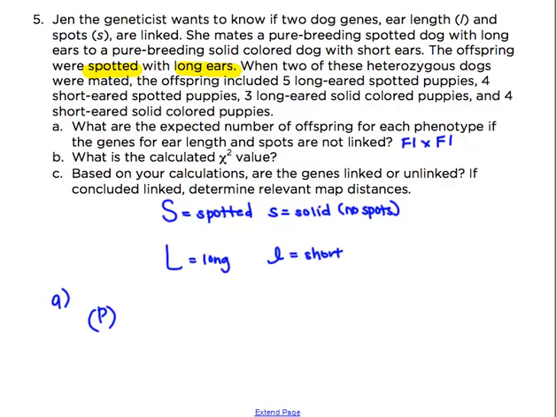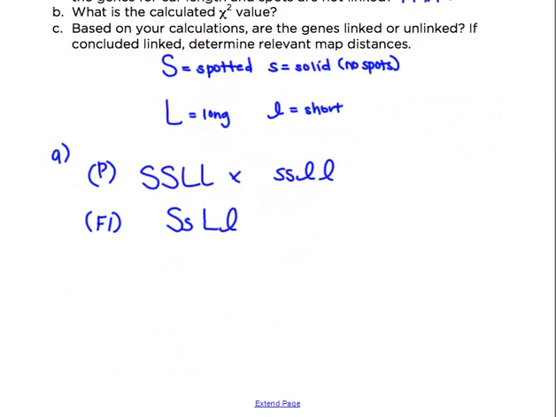The parental generation were a pure breeding spotted dog with long ears, so big S, big S, big L, big L, times a pure breeding solid color dog with short ears, so little s, little s, little l, little l. So all the F1 offspring were big S, little s, big L, little l, which is a dihybrid individual.